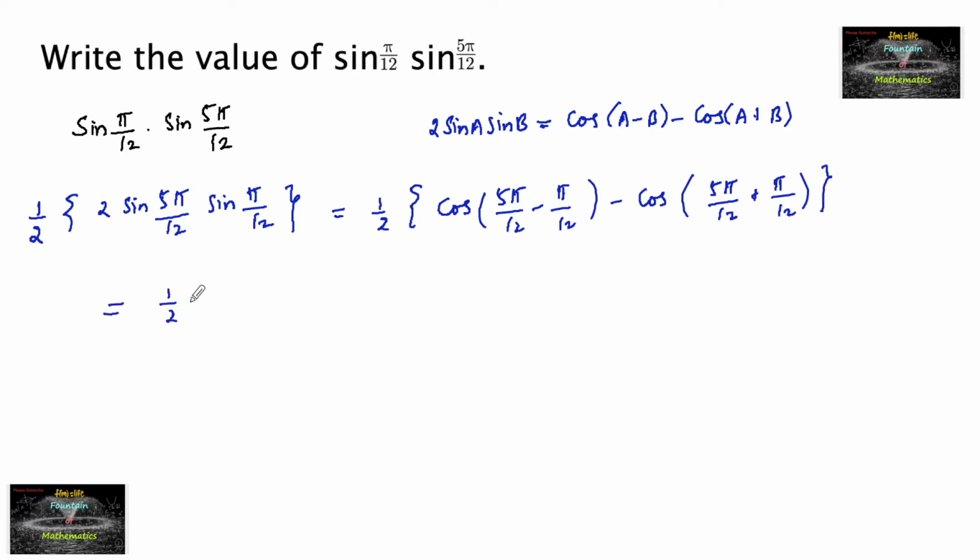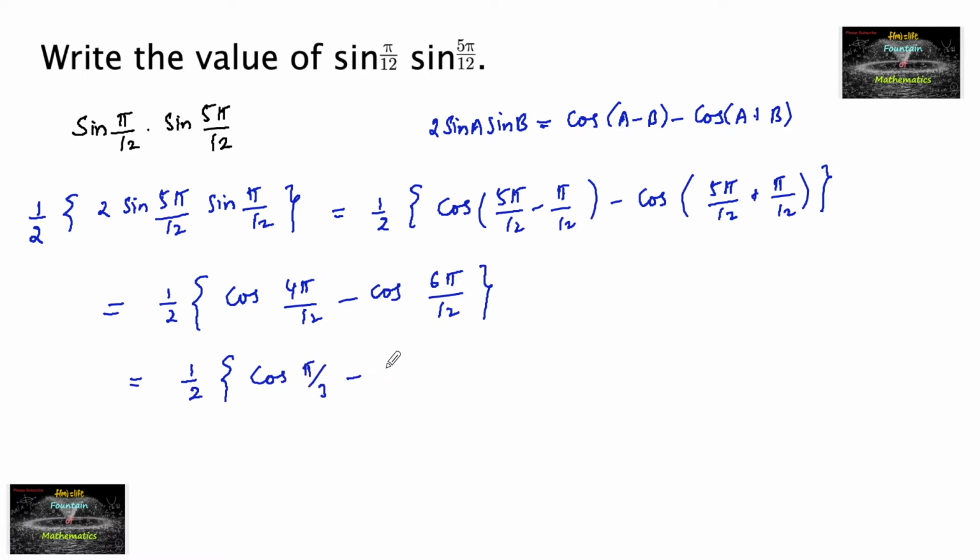which equals 1 by 2 times cos of (5 pi minus 1 pi), that is 4 pi by 12, minus cos of (5 pi plus 1 pi), that is 6 pi by 12. So 1 by 2 times cos 4 pi by 12 is cos pi by 3, minus cos pi by 2, 6 pi by 12 is pi by 2.